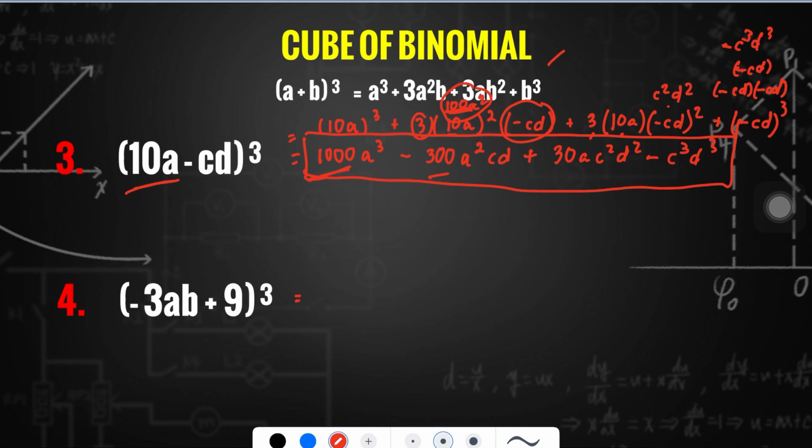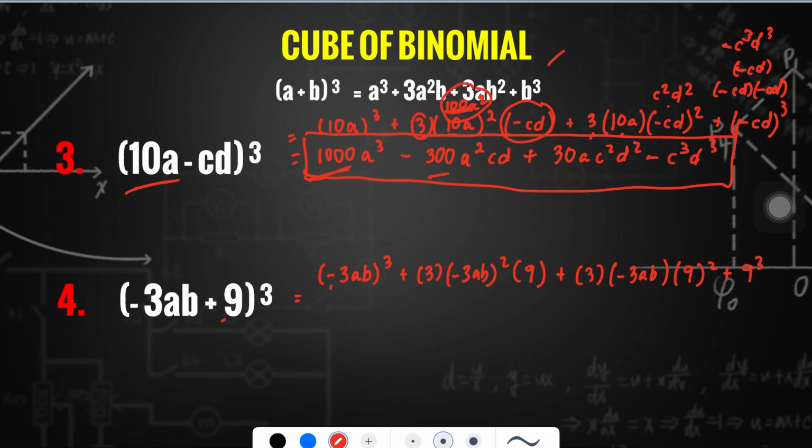So a cubed, that's the quantity negative 3ab cubed, plus 3 times a squared, so negative 3ab squared times 9, plus 3 times a, or the first term, negative 3ab times the square of the second term, plus the cube of the last term, or the second term, 9 cubed.